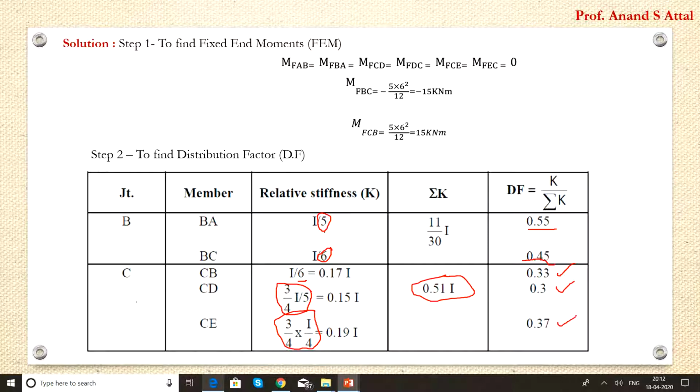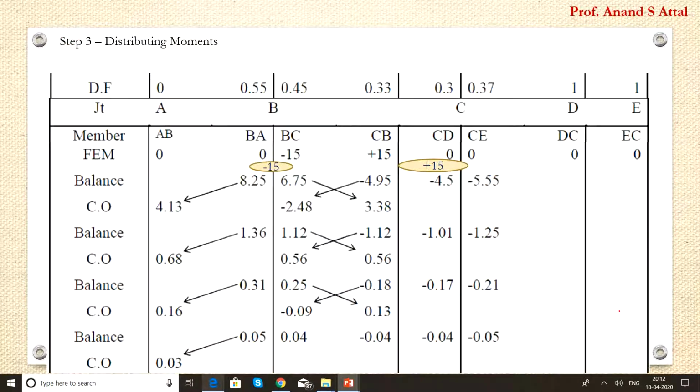Always make sure that the summation of distribution factors at a joint comes to 1. If we add 0.33, 0.3 and 0.37, the value comes to 1, so the calculations are right.